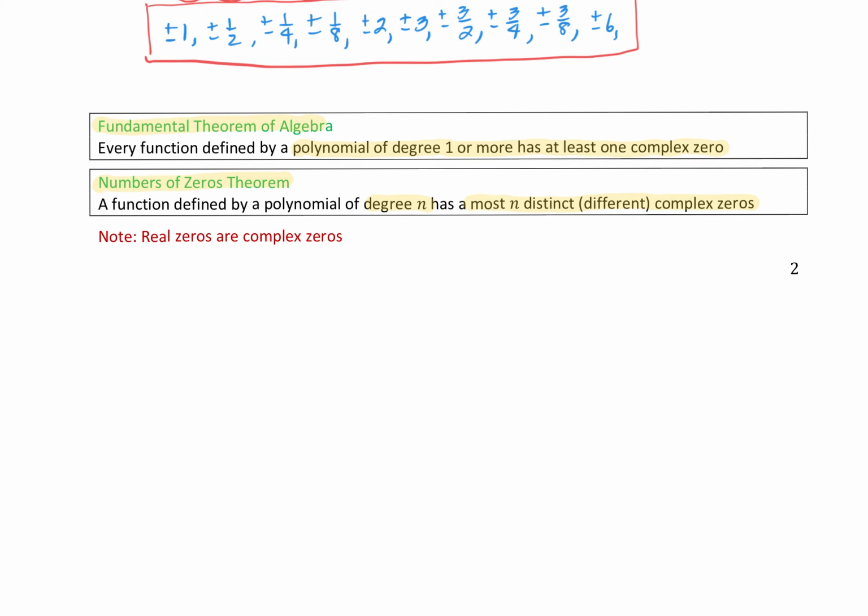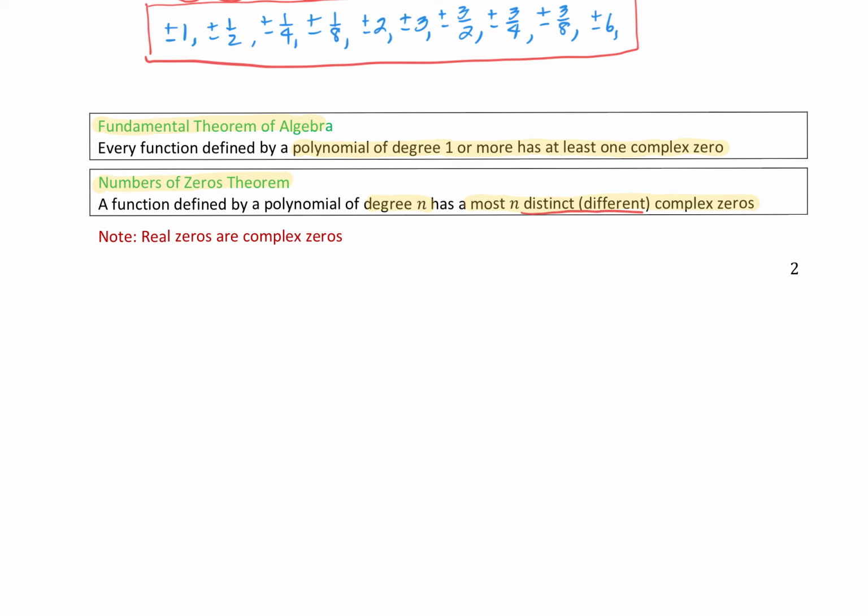But these n zeros can be complex with imaginary, such as a plus bi, can be zero, or can be real. Notice in this second theorem where it talks about distinct or different, that means they can also be the same.